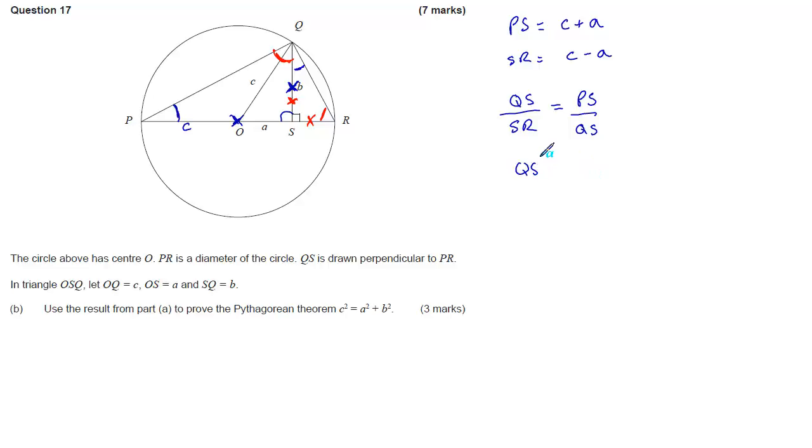So QS squared is equal to PS times SR. Now QS is B, so B squared equals PS, which is C plus A, and SR is C minus A. So B squared is going to be C squared plus AC minus AC minus A squared, and so C squared is going to be A squared plus B squared.